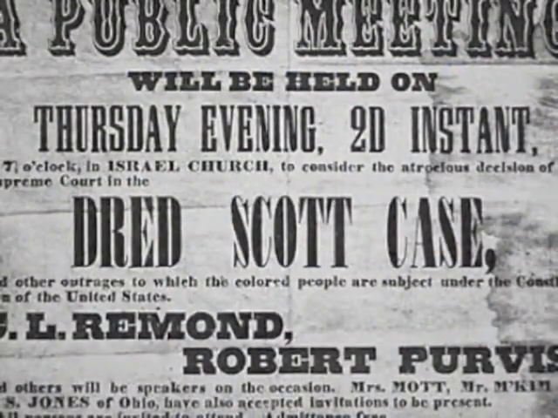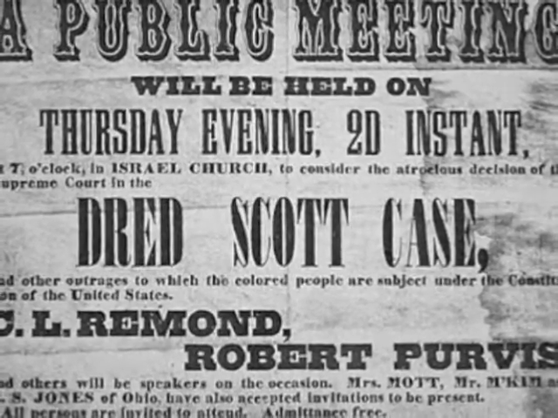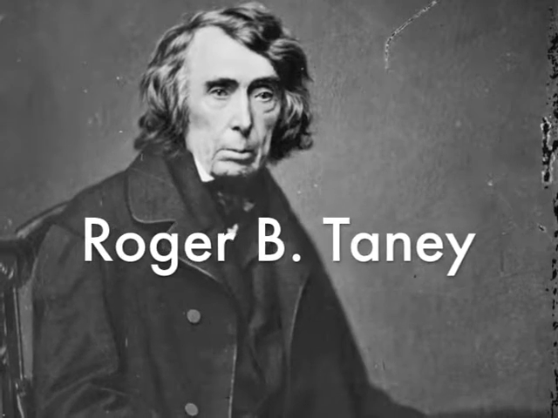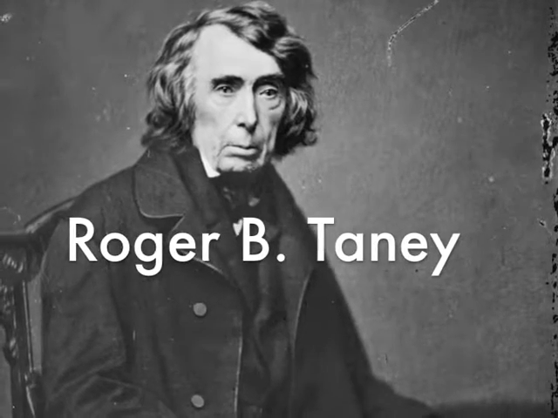1857. This Supreme Court case, Scott versus Sanford, is perhaps the most famous or infamous court case in the history of the United States. The judge who wrote the decision was Chief Justice Roger Taney of Maryland. As Taney was from a slave plantation, it seemed that the deck was somewhat stacked against Dred Scott.